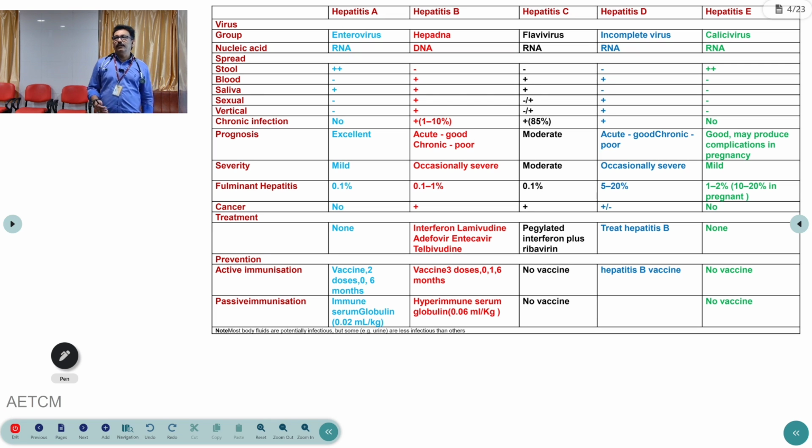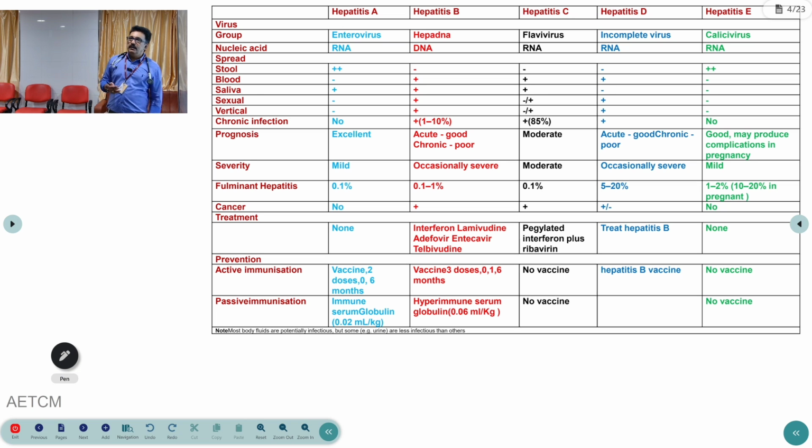Fulminant hepatitis is very, very common in hepatitis D, and it can occur even in other types of hepatitis. Remember, hepatitis E in pregnancy can create problems during the pregnancy.